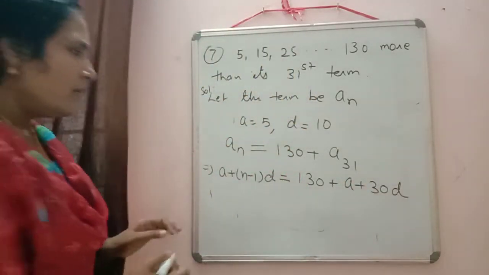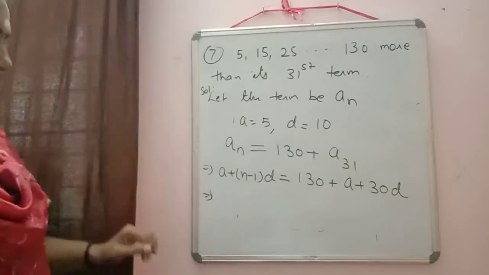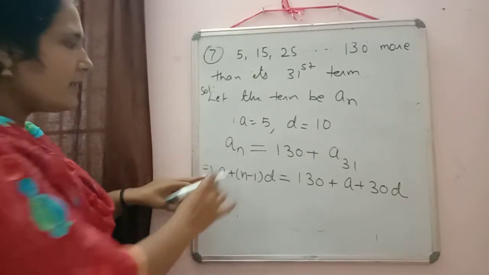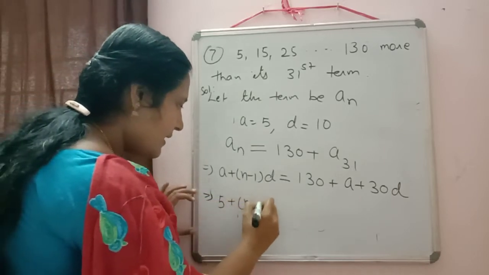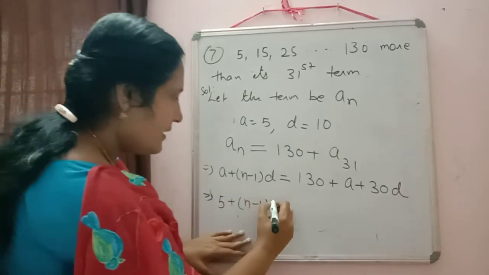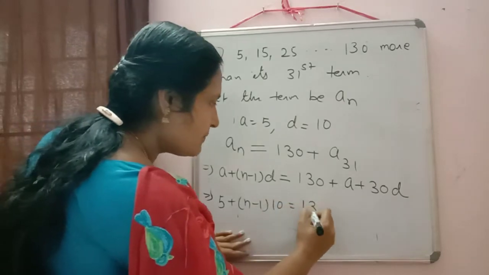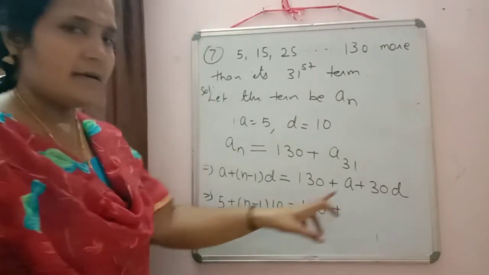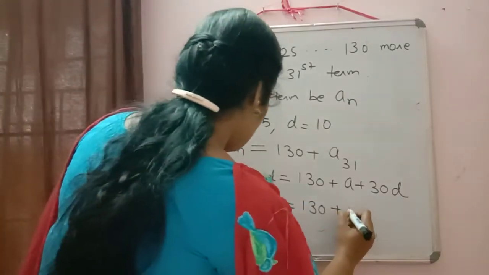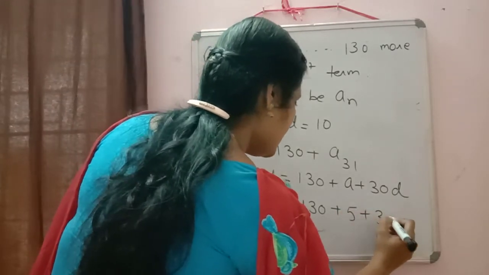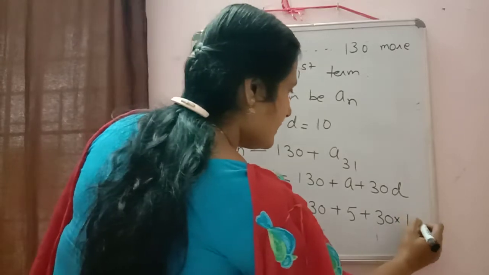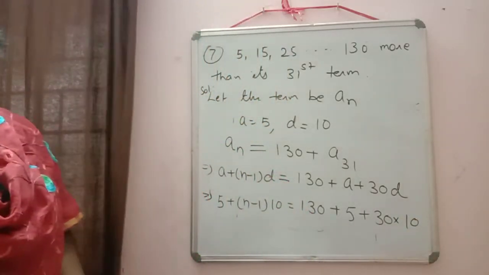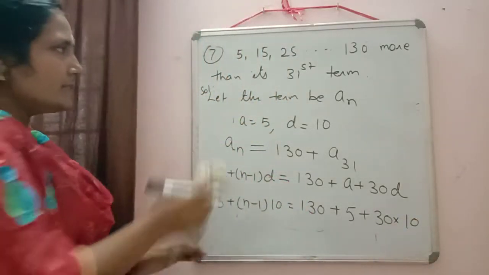Now we will substitute the values there. A, what we have? A here is 5, plus n minus 1 into D is 10, is equal to 130 plus A, 5, plus 30 D. 30 D is equal to 10, so 30 into 10.